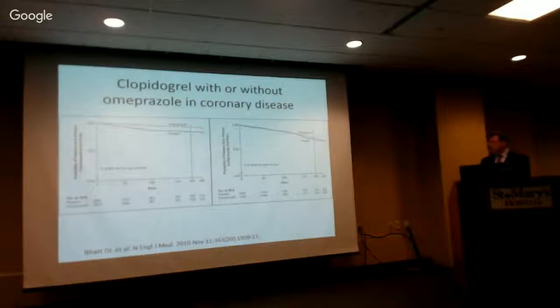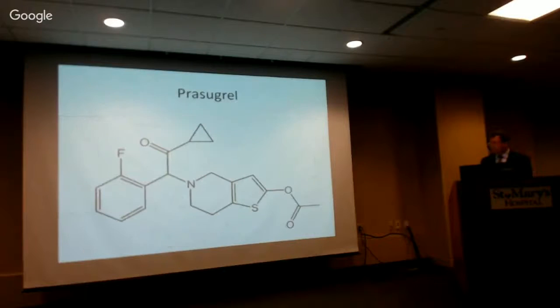But clinically, this doesn't seem to be important for causing ischemic events. So when I see them in clinic, I don't hesitate to give them omeprazole, at least at this 20 milligram dose. I still worry that at higher doses maybe there is some true effect, but at least at 20 milligrams, omeprazole just prevents GI bleeds and doesn't seem to increase the risk of ischemic events.